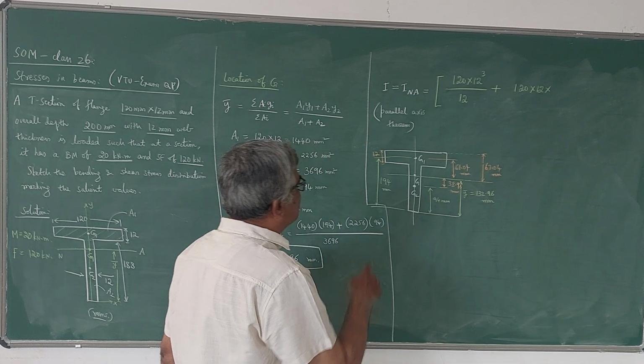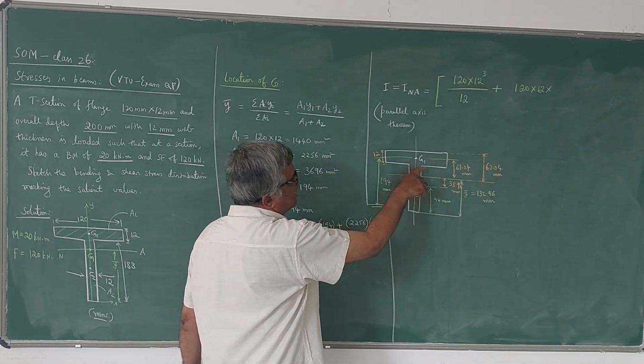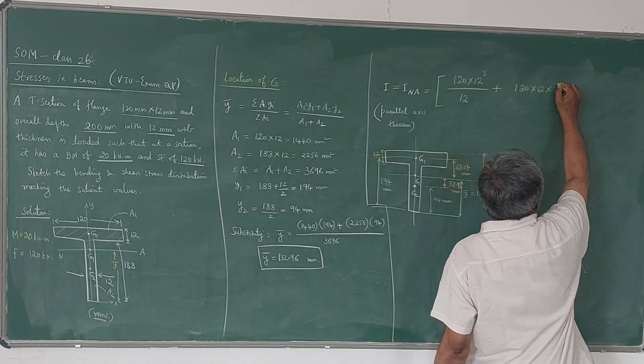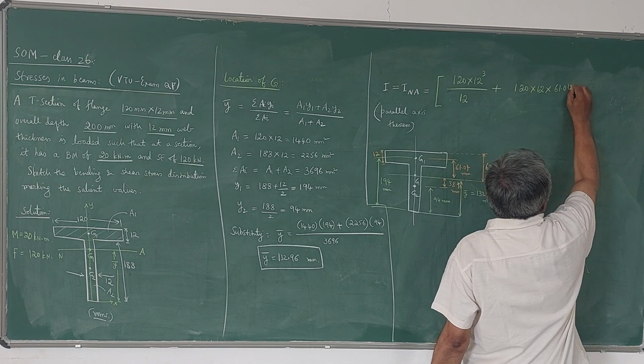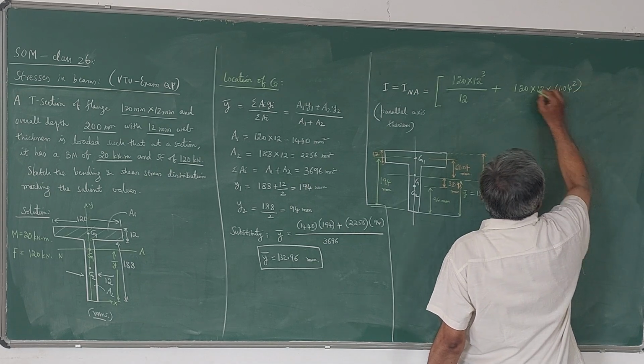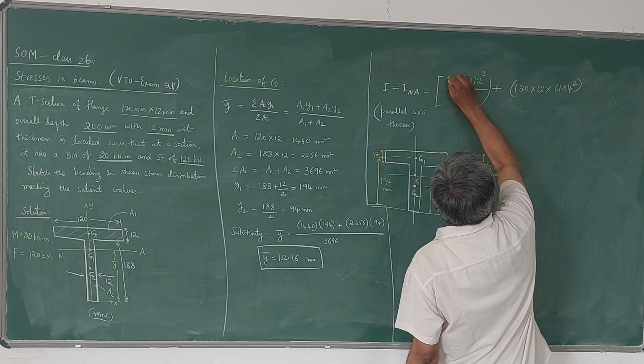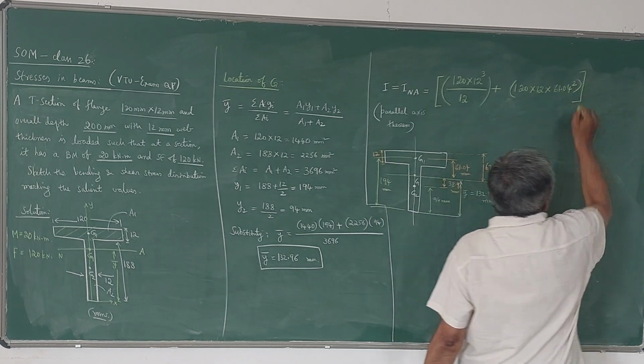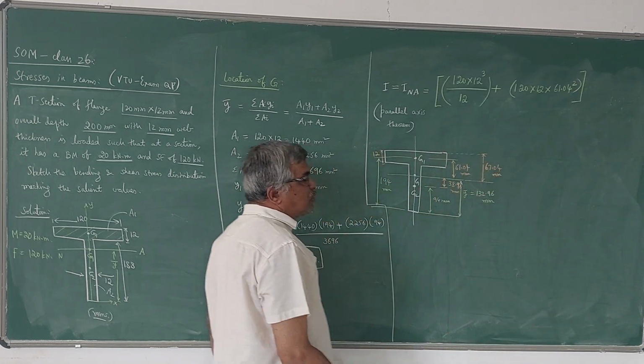Distance square means this distance from G to G1, square of that, that is 61.04 square. Yes, this is the moment of inertia of the flange portion about the neutral axis.